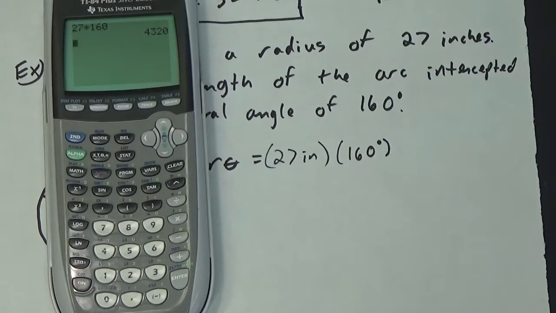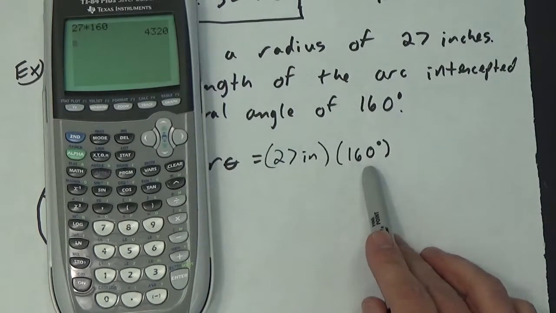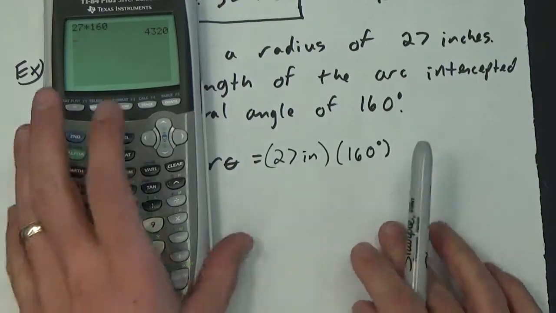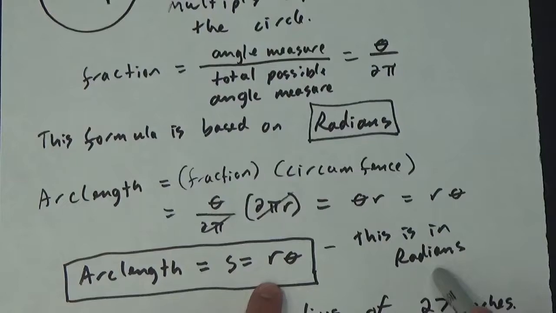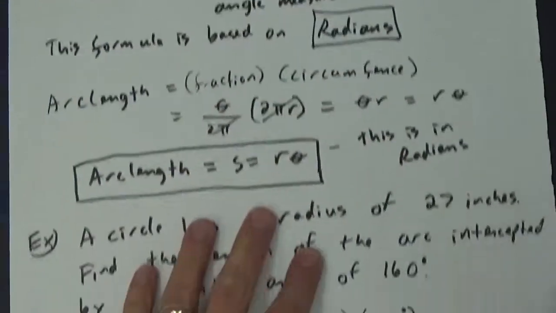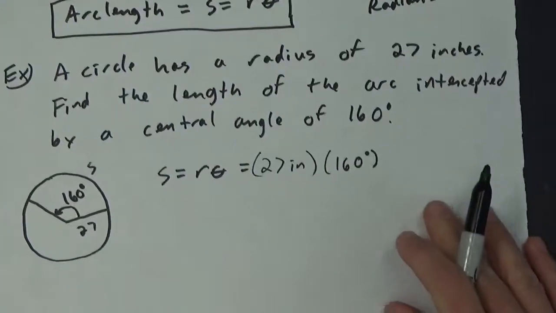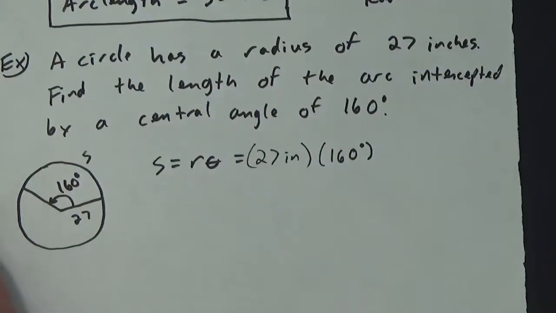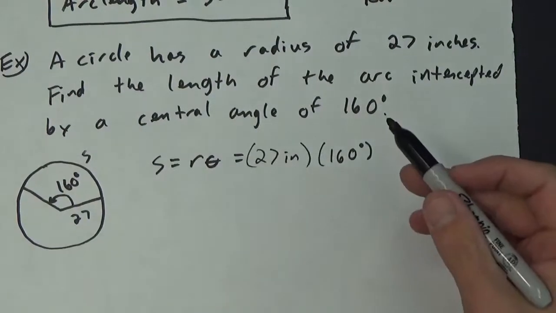How can a circle with a radius of 27 inches have an arc length of 4,000 inches? Oh, wait a second here. This is in degrees. And what did I write up here? This formula is based on radians. I even forgot it myself. Now we realize that this is in degrees and we need to be in radians.